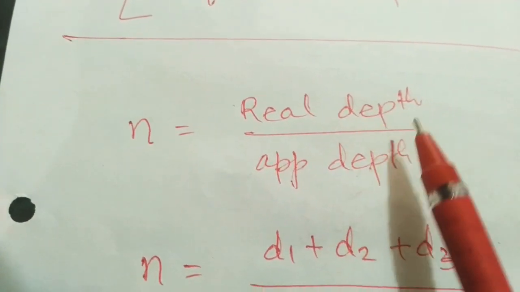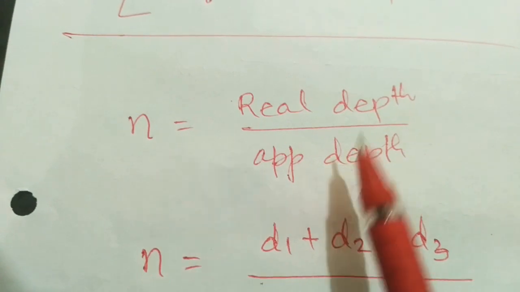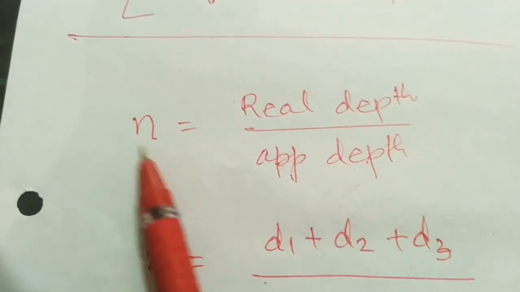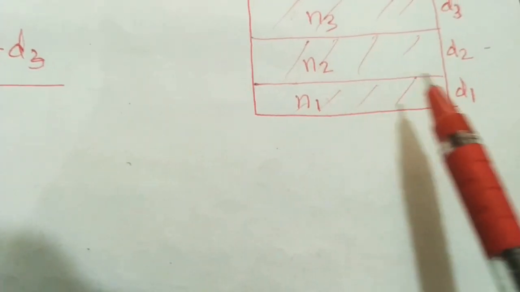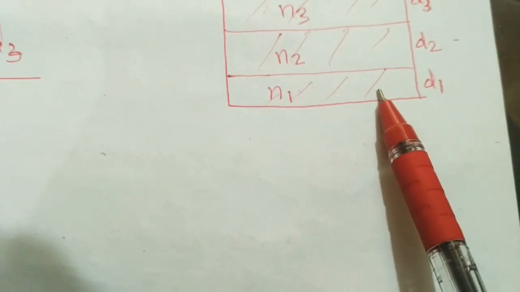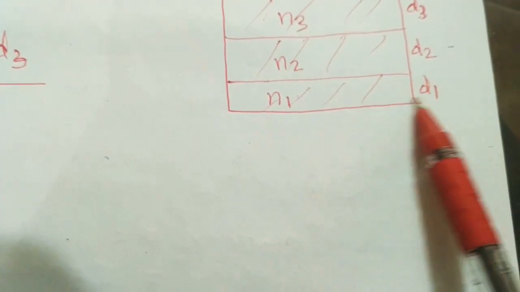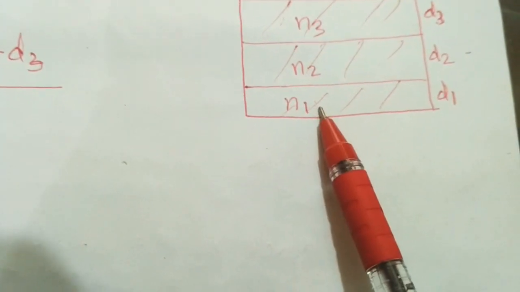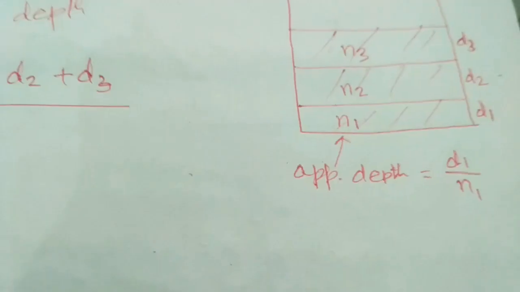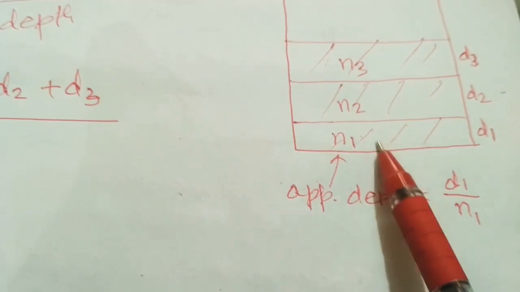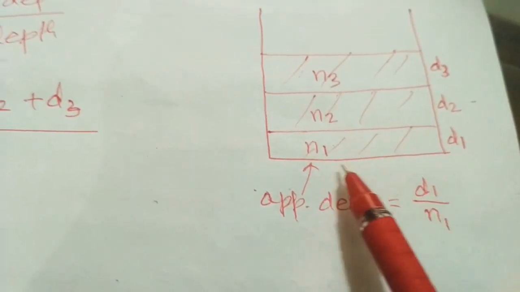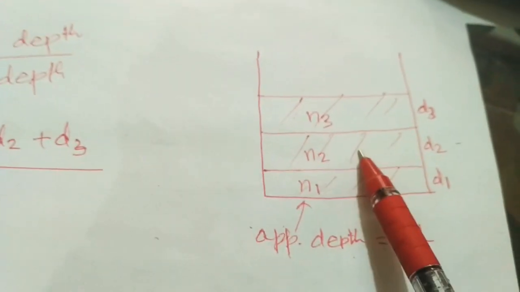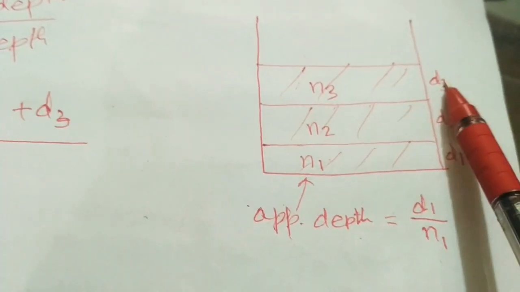N is equal to real depth upon apparent depth, so apparent depth will be equal to real depth upon N. For this medium, as the refractive index is N1, the apparent depth will be the real depth of this medium upon the refractive index of this medium. So for this medium I'm writing the apparent depth as D1 by N1. Same for this one also, D2 by N2, and D3 by N3.